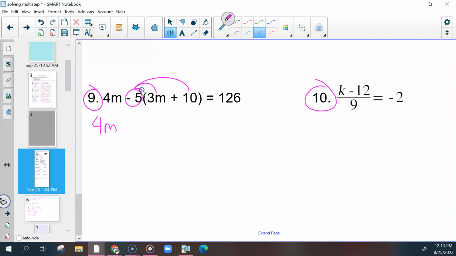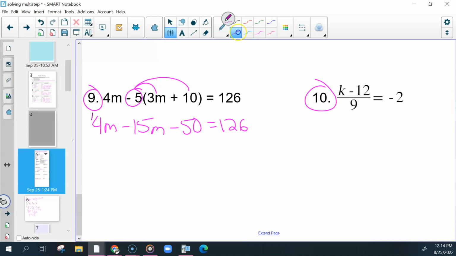So 4m just gets brought down. Negative 5 times 3m becomes negative 15m. Negative 5 times positive 10 would become negative 50. In our little chart, next was combine like terms. Do we have any like terms? The 2m.